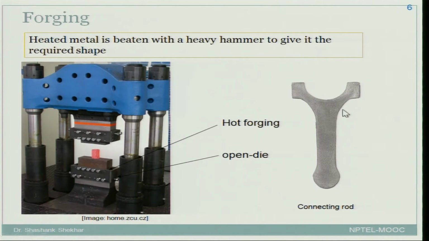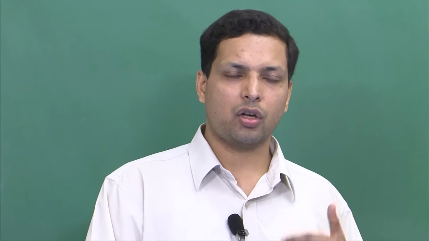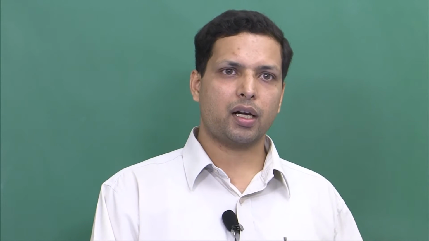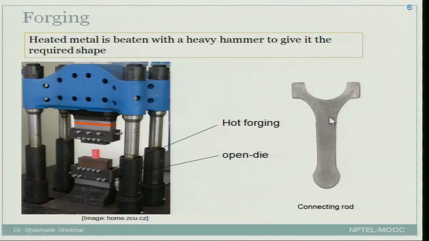Because when you look at the microstructure, the stresses and the strain, you would realize that in a component obtained from forging, there is a grain flow along the edges of the wall or along the edges of the surface, and because of that it has higher strength or higher toughness against crack propagation. That is another overriding factor: if you need higher toughness, then you will have to use a process like forging.